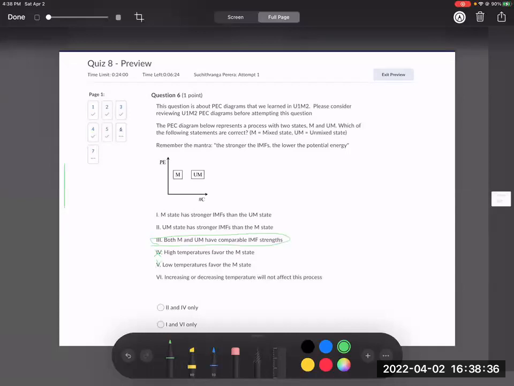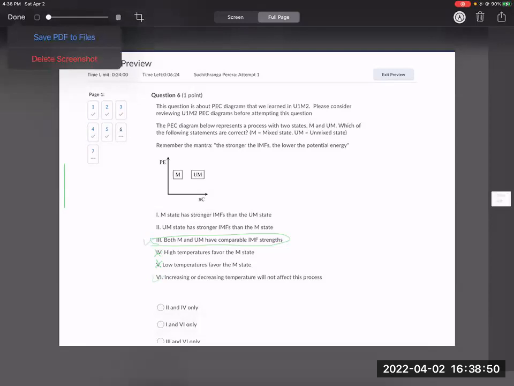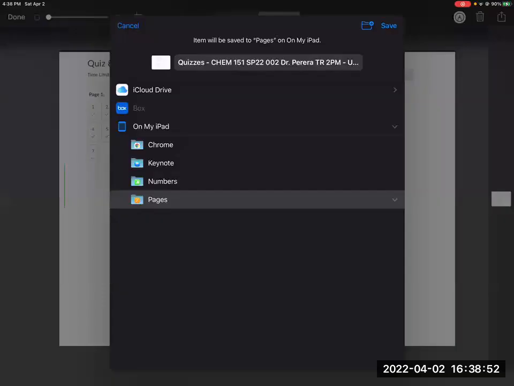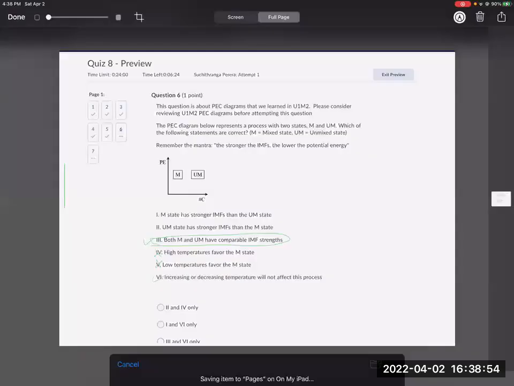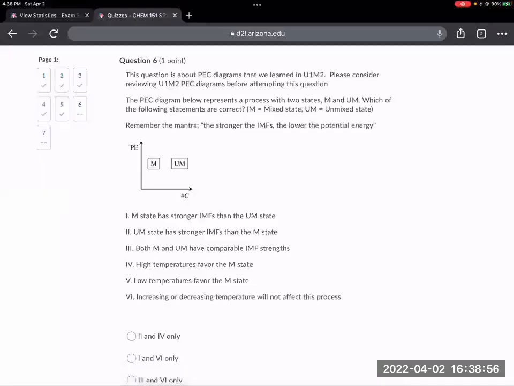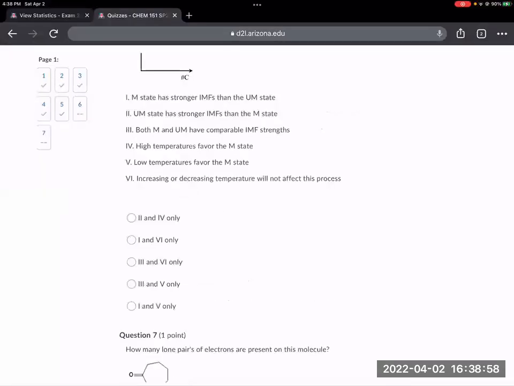For low temperatures to favor the mixed state, it should have a lower potential energy. Increasing or decreasing temperature will not affect this process, and that is correct. So these are the 2 correct answers, 3 and 6.